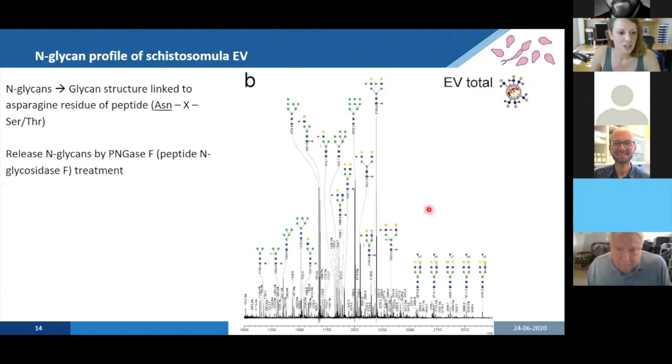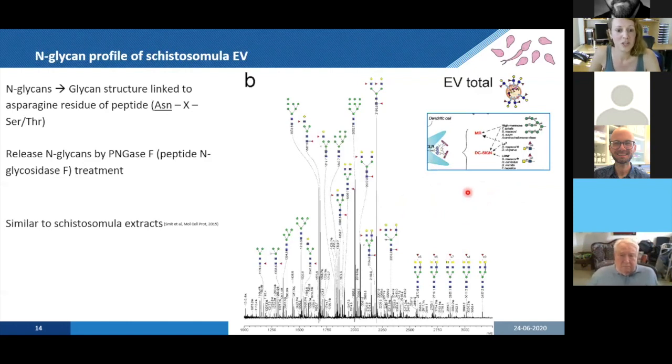And the awesome thing was that this was a similar profile to what we have observed from the extracts of whole Schistosoma. And of course, if you compare it to the ligands that can bind to the C-type lectin receptors, indeed you can see the same motifs in the spectrum as the ones that can be recognized by the mannose receptor and by DC-SIGN.